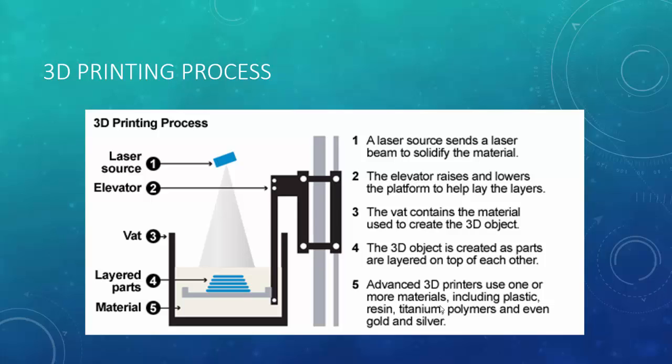Thin layers are cut to shape and joined together. Each method has its own advantages and drawbacks, which is why some companies consequently offer a choice between powder and polymer for the material used to build the object.